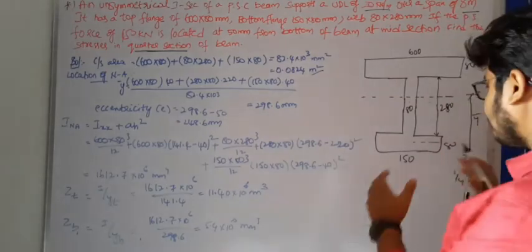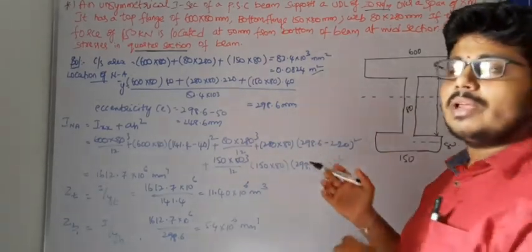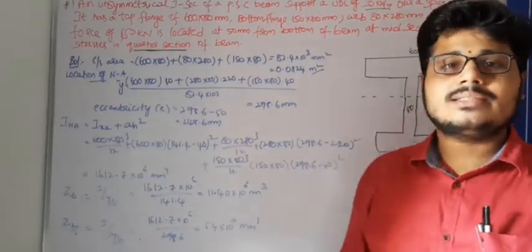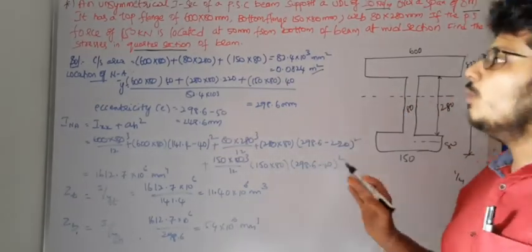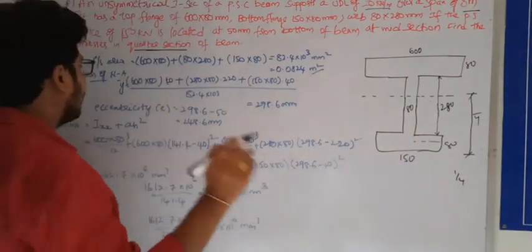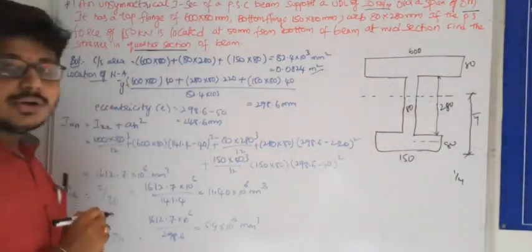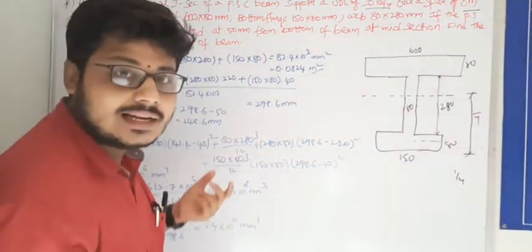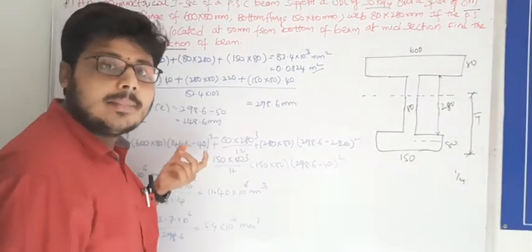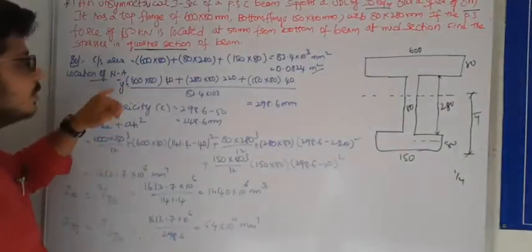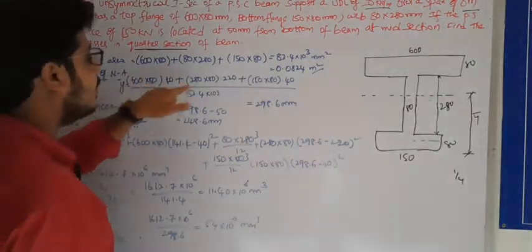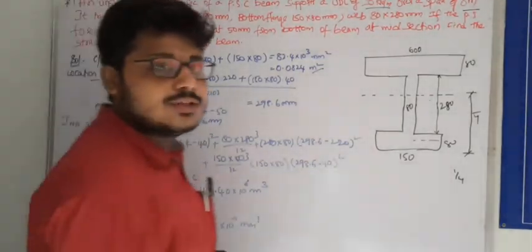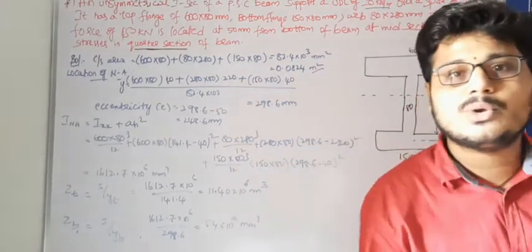If the section is symmetrical, we can take the neutral axis at the middle. If it is an unsymmetrical section, how do we find the location of the neutral axis? Already we studied this in strength of materials. So y bar is equal to A1 h1 plus A2 h2 plus A3 h3 by A1 plus A2 plus A3.